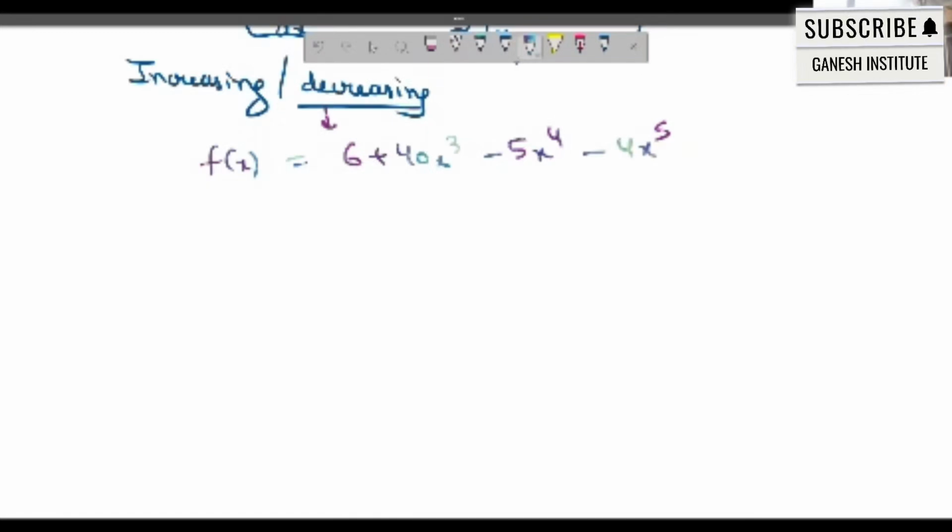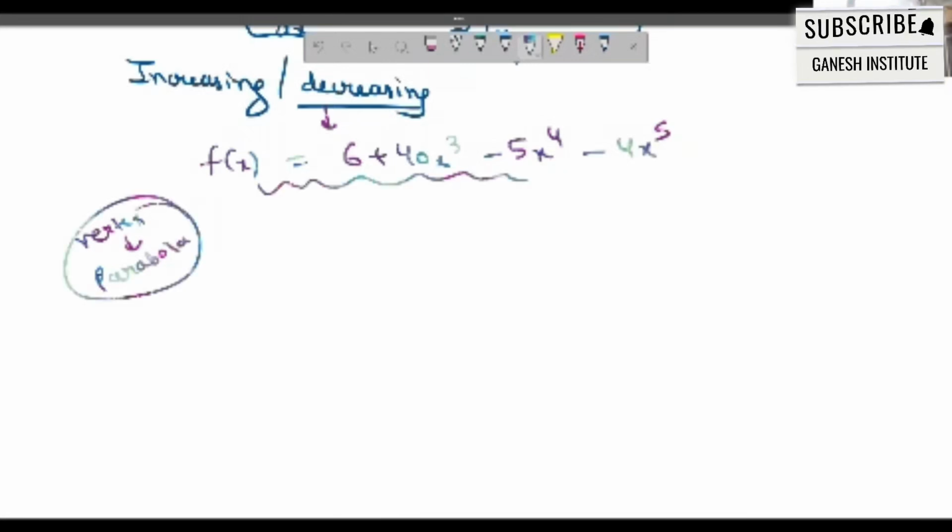When the a is positive, it is an increasing function, right? Okay, so that goes for the vertex form of parabola, but we are talking about this. And for this, we need to do either first order derivative test.